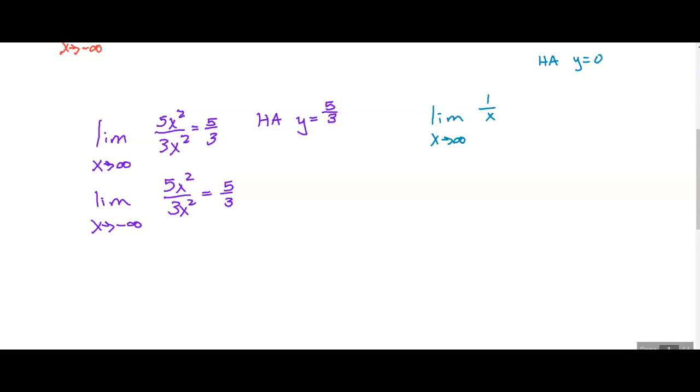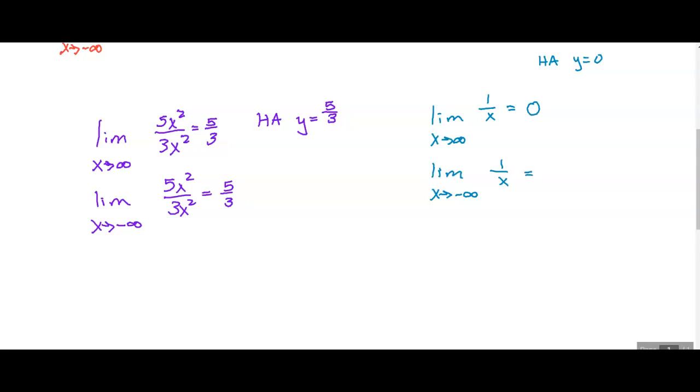So that means the limit as x goes to infinity of 1 over x would be 0. Now, the other way I want you to think about this is a fraction where the numerator is 1 and the denominator is getting huge, right? It's getting big really fast. So you have one thing and you're dividing it by a huge number, it's going to go to 0. The same would be true if you had the limit as x goes to negative infinity of 1 over x, right?